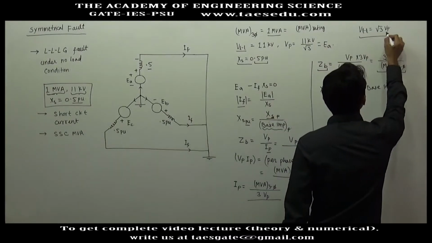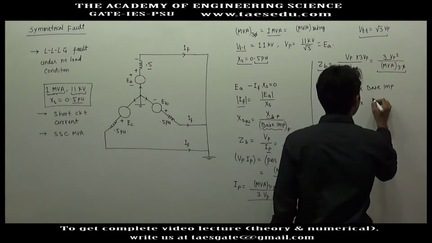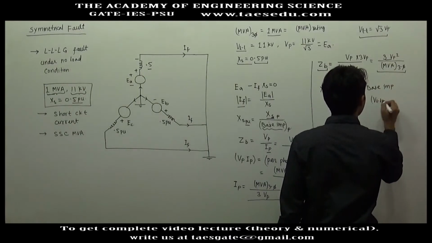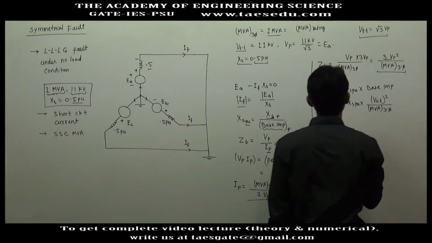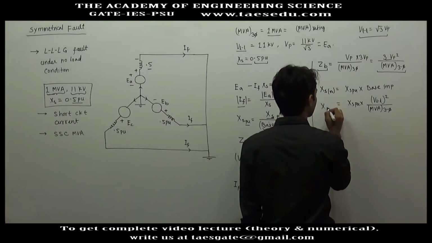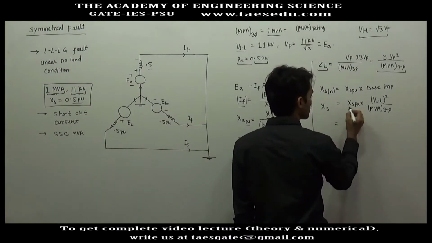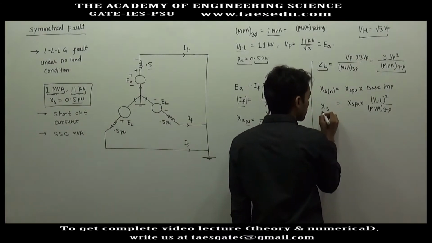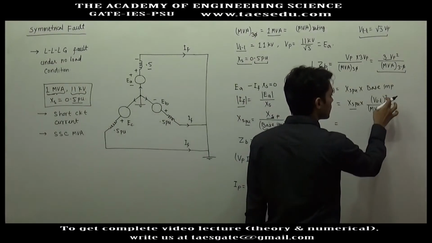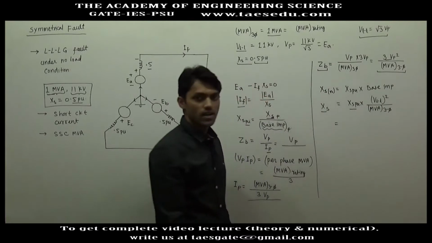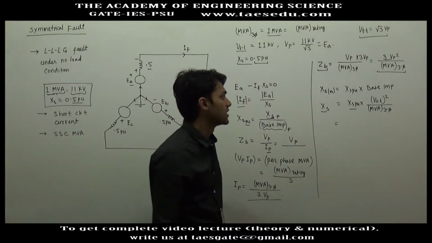From here, 3 Vp square will be VLL square. So this is VLL square divided by 3 phase MVA. So the actual per phase impedance is the PU impedance into voltage rating square divided by the 3 phase MVA rating.